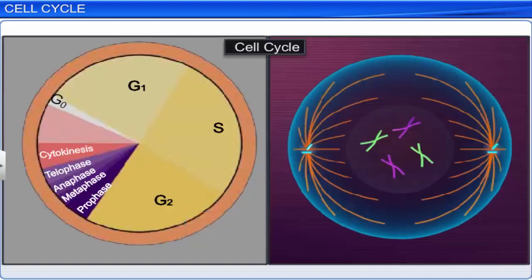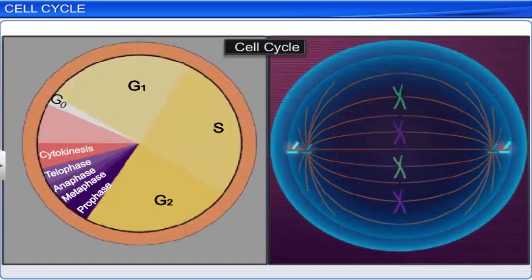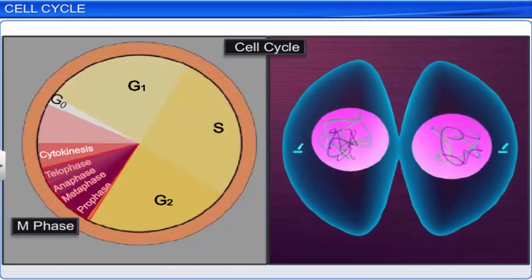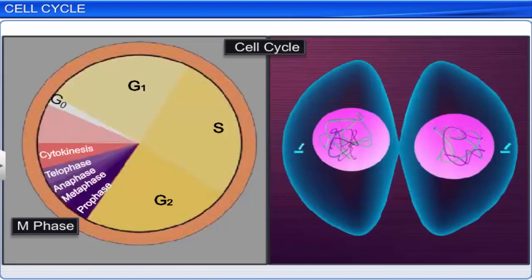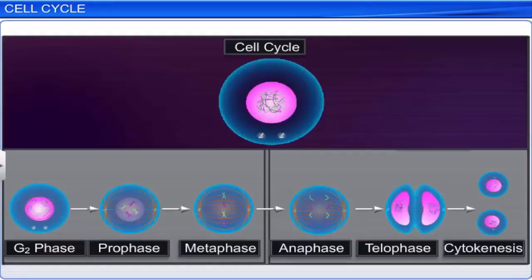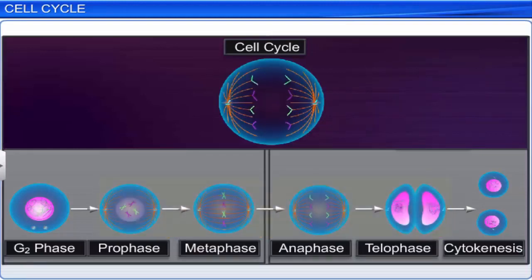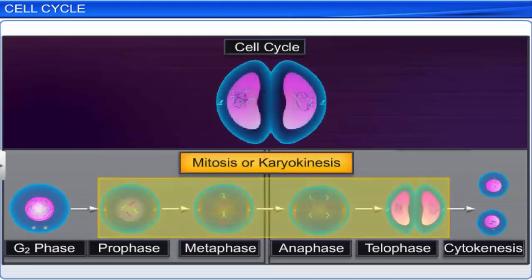Now, the next phase of the cell cycle is the M phase, where actual cell division or mitosis takes place. The M phase begins with nuclear division, which is the division of daughter chromosomes, known as mitosis or karyokinesis.